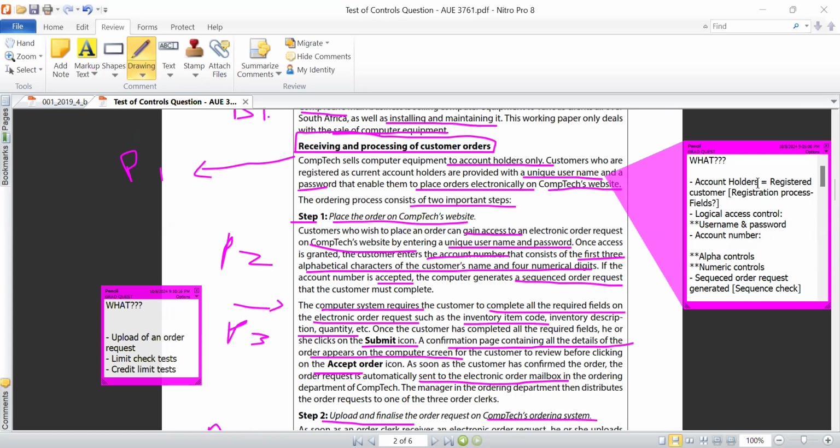For example, an account holder should be registered, isn't it? So what are you going to do to test whether this is the case? You're going to attempt to register as a customer by entering fictitious or invalid details, like name, contact details, and all that stuff, right?